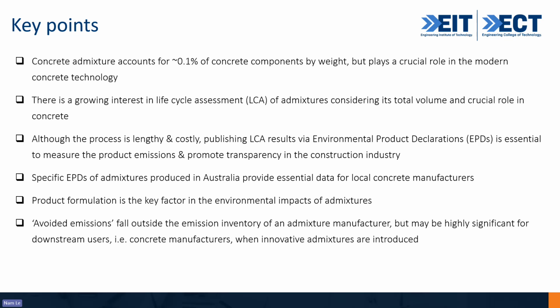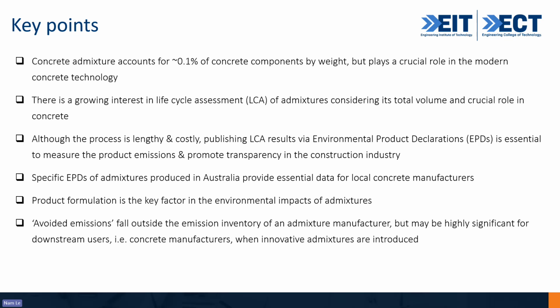And product formulation is the key factor in the environmental impact of admixtures. That's why admixture manufacturers need to work hard to optimize it, so that you can reduce the environmental impact of the product but maintain its performance. And last, but not least, is the avoided emission.